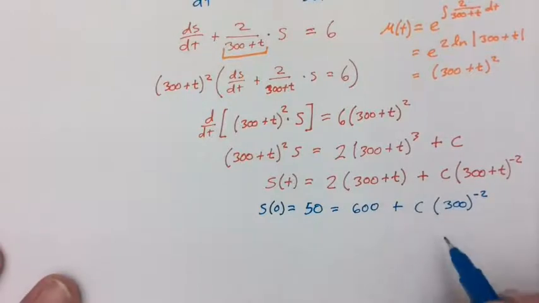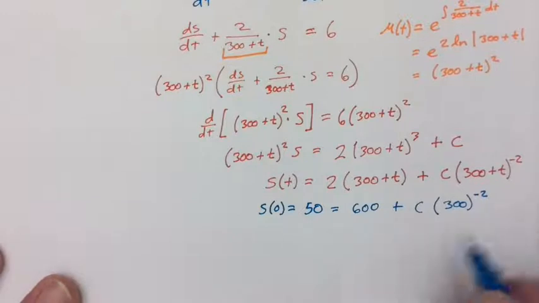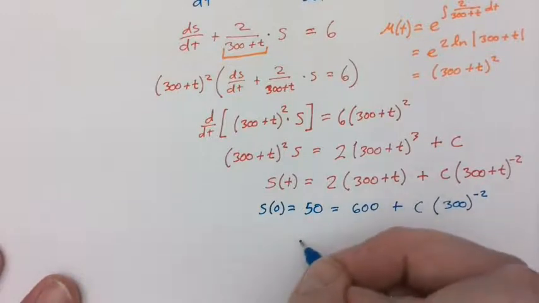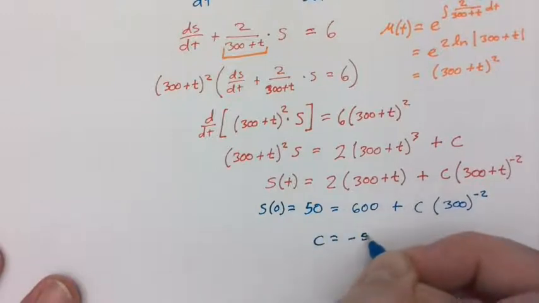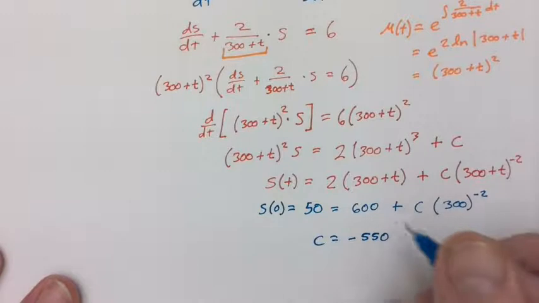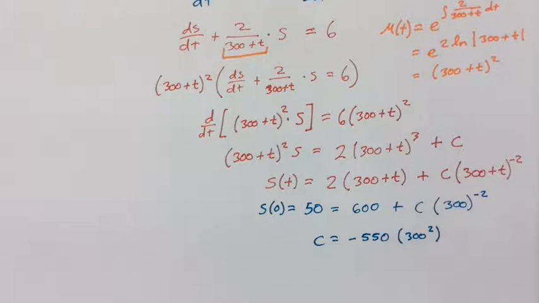We get negative 550 divided by this thing, which is already a negative power. So the constant is equal to negative 550 times 300 squared. And that's the exact value. I don't have a calculator handy, but that's the exact value of the constant.